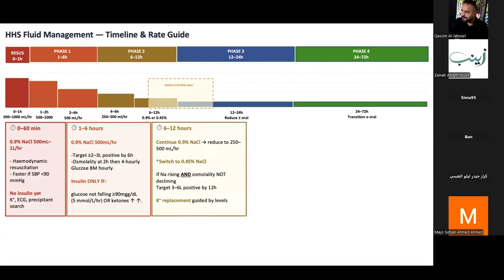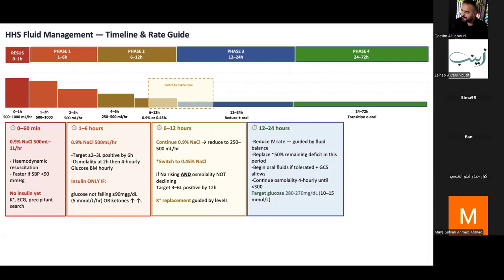After you started the initial resuscitation with normal saline, you do not need to introduce half saline in all cases. We only introduce it when we feel that the sodium is not dropping and the osmolality is not shifting. So your marker is not only the sodium, your main marker is the osmolality.